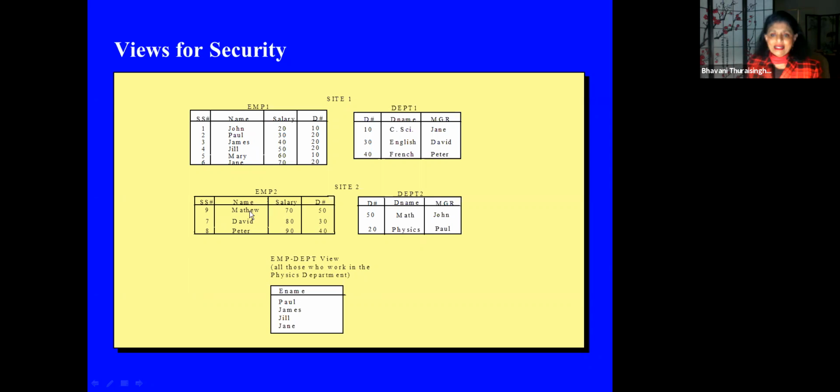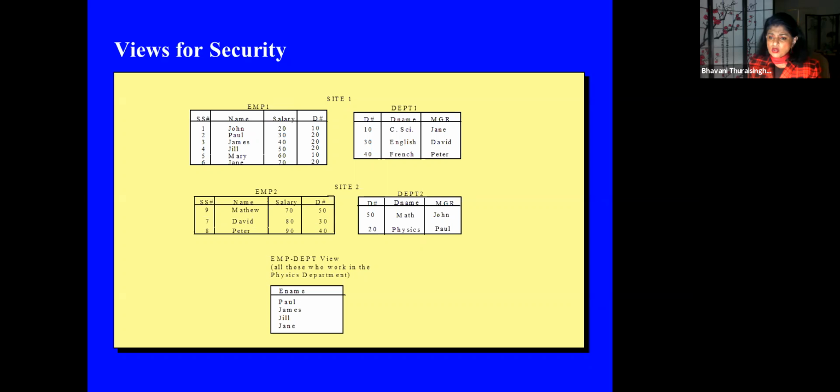So just ignore that. You can also create views. So you have employee 1 at site 1, department 1 also at site 1, employee 2 and department 2 at site 2, but you want to form an employee department view, and again all those who work in the physics department.